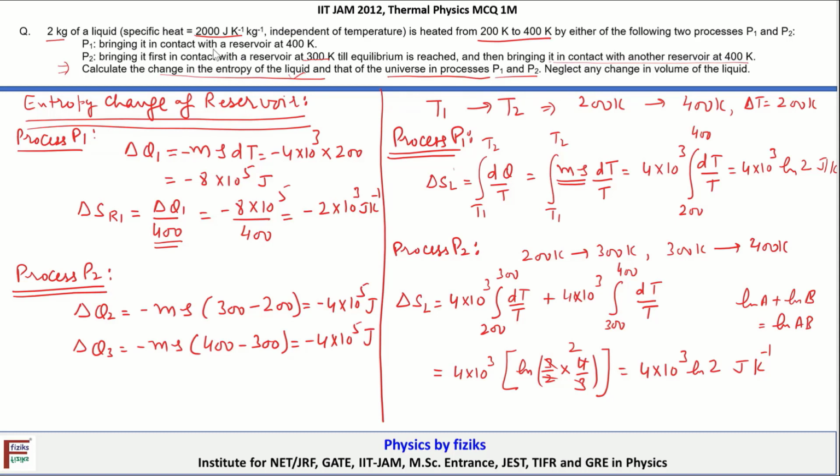Okay, now the net entropy change of the reservoir during process P2, let me call this delta S R2. That is equal to delta Q2 upon the temperature of the reservoir, which is 300 in the first step, plus delta Q3 upon the temperature of the reservoir, which is 400.